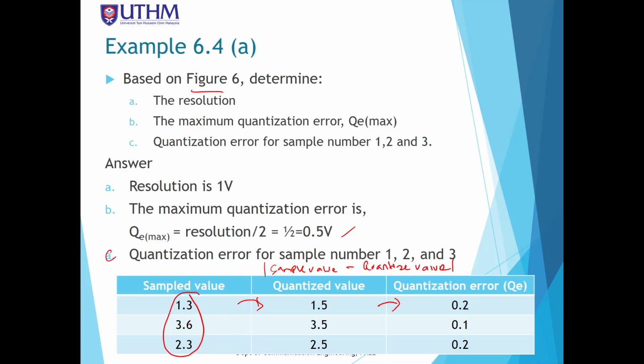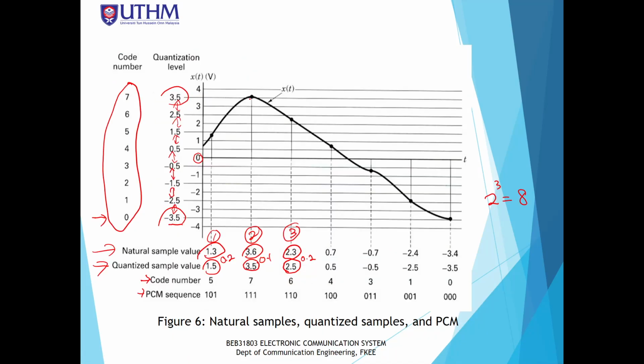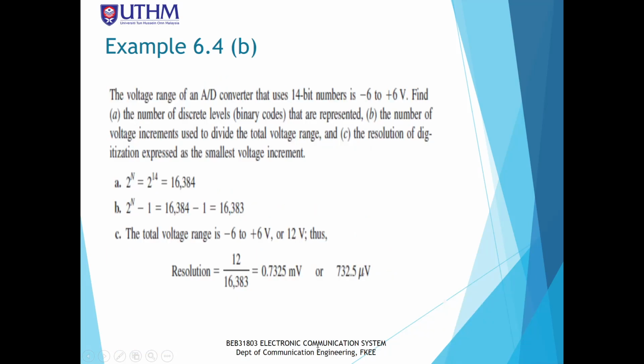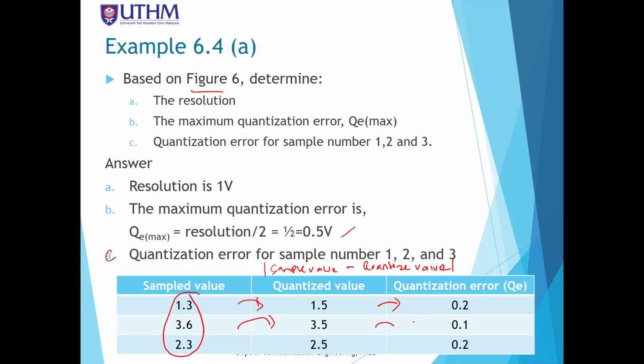And then sample value 3.6, we rounded up to the nearest quantized level 3.5. And the third sample 2.3, we rounded up to the nearest quantized level 2.5 volt. From 3.6 becoming 3.5, the rounded up value is 0.1 volt, the difference.